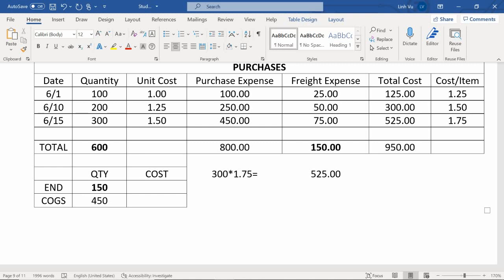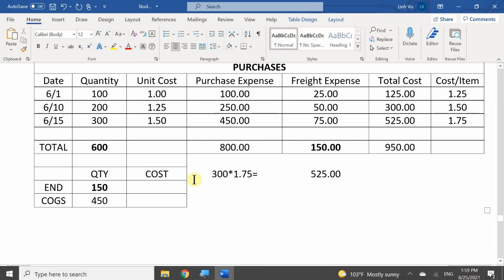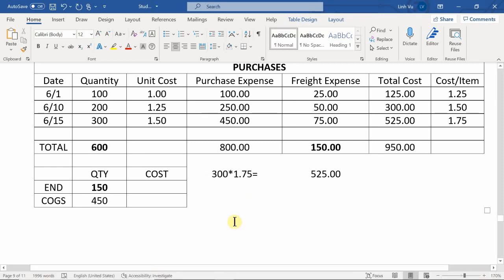How many more do I need to sell to reach 450? 150 more at $1.50 each. So in this case, what is my total here? $225.